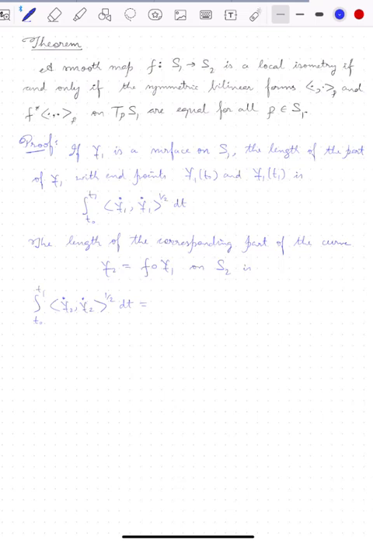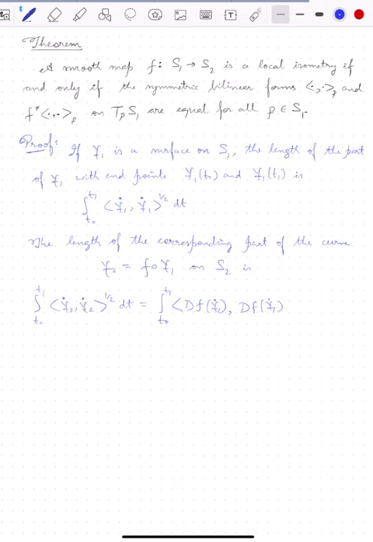So for gamma 2 vector, this will be a differential, we will have d of F gamma 1 dot, comma, d of F gamma 1 dot.